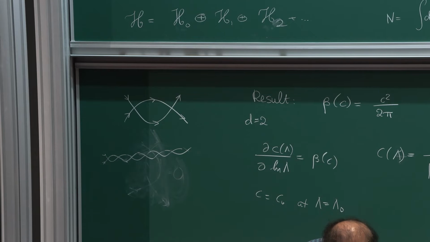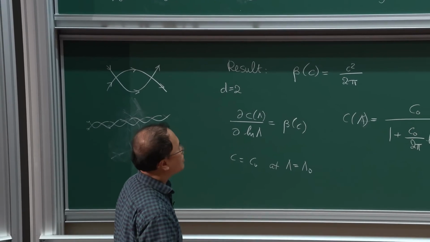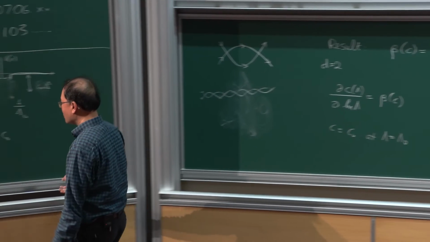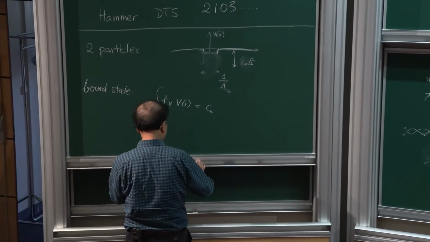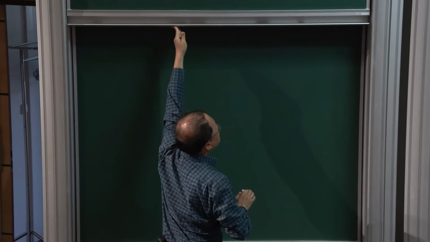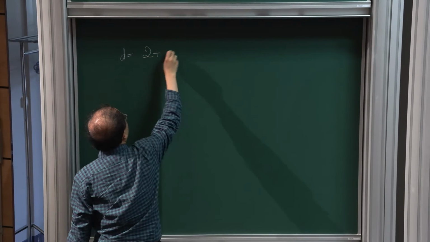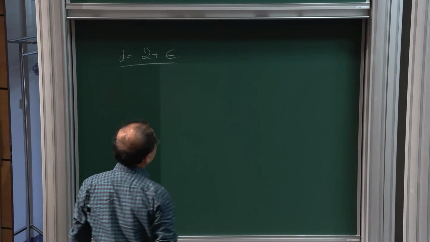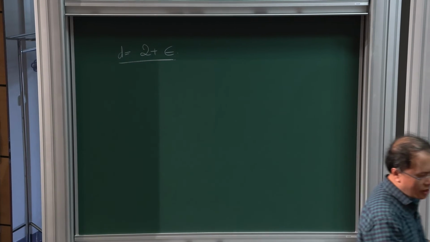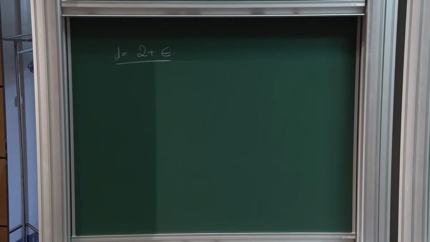Okay, so this is what happens in 2 dimensions, but as we have said, our main goal is to understand a class of theories in 3 spatial dimensions. Let's consider D equal 2 plus epsilon. This trick of making the dimension fractional is very familiar from the theory of second order phase transitions.